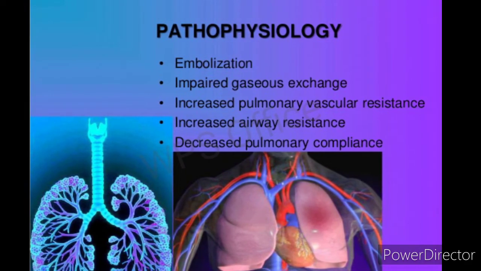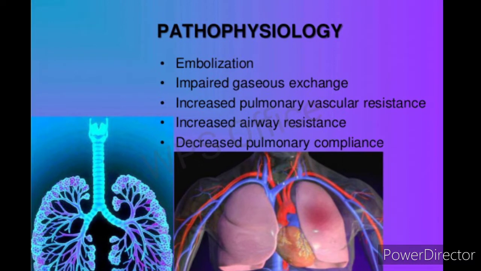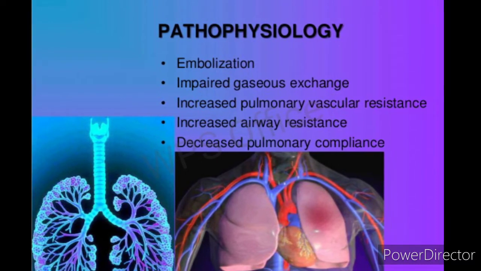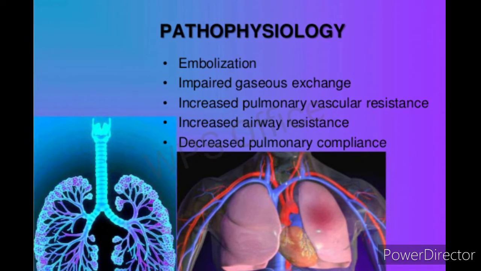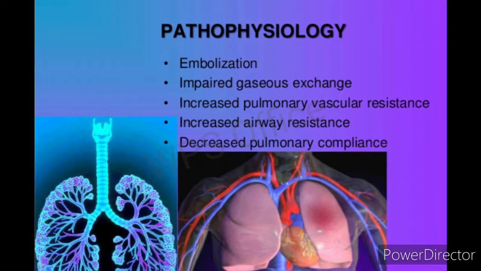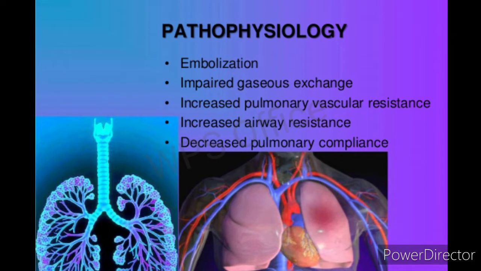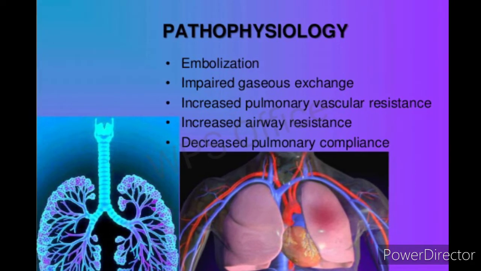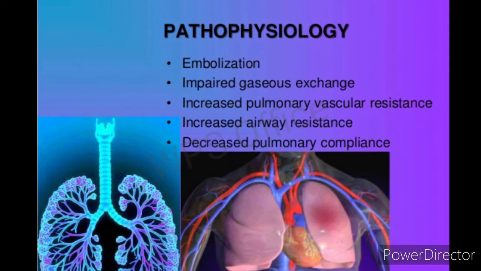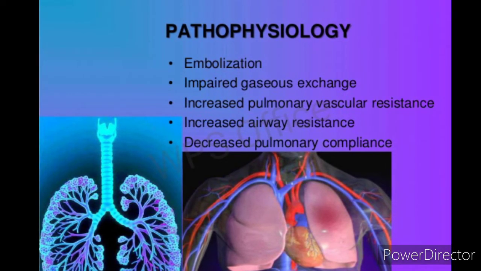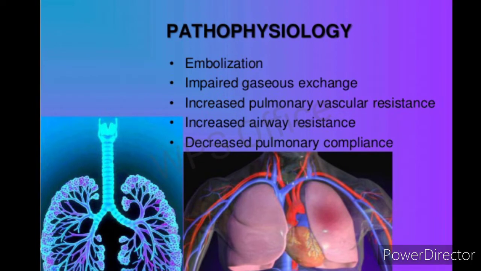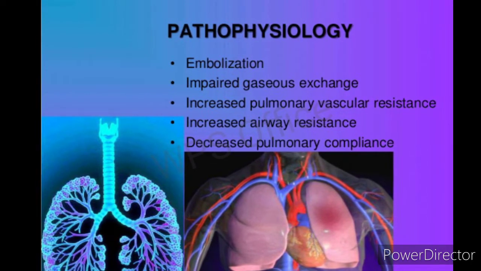So in this passage, if there is any resistance, that means the blood flow will not be going smoothly. There will be resistance in the blood flow from the pulmonary artery to the left atrium, so there will be increased vascular resistance.